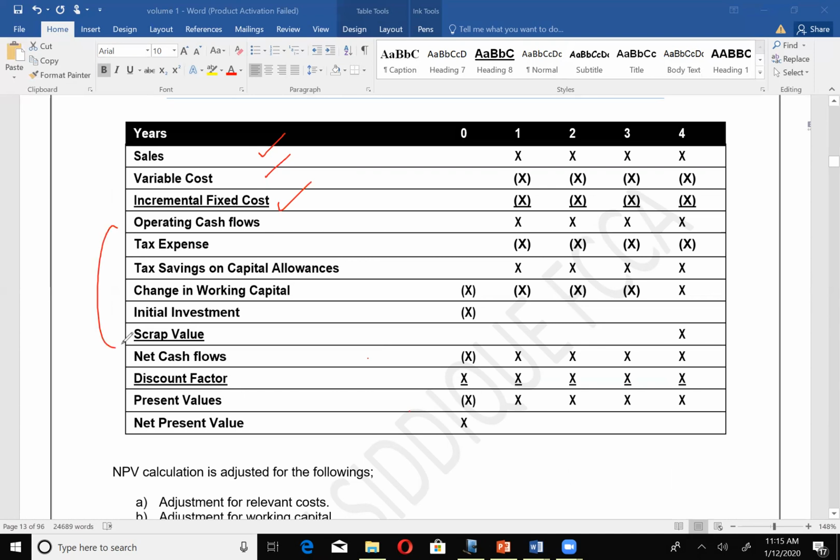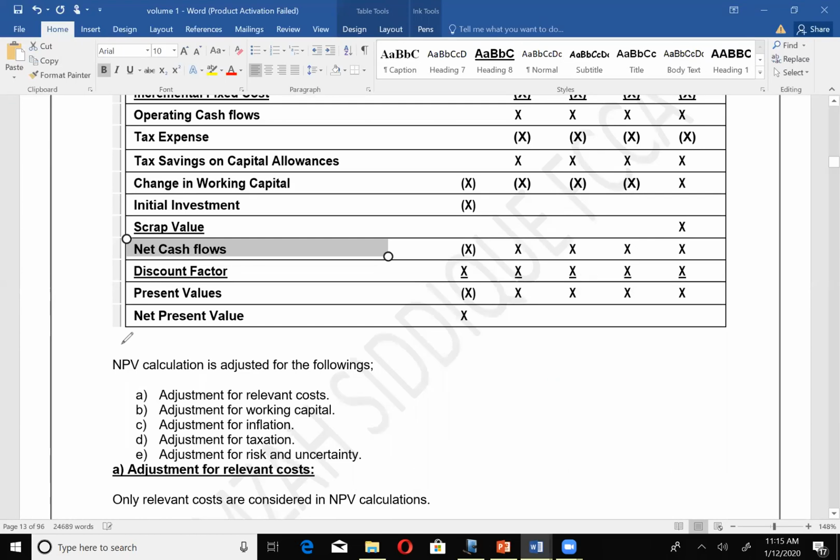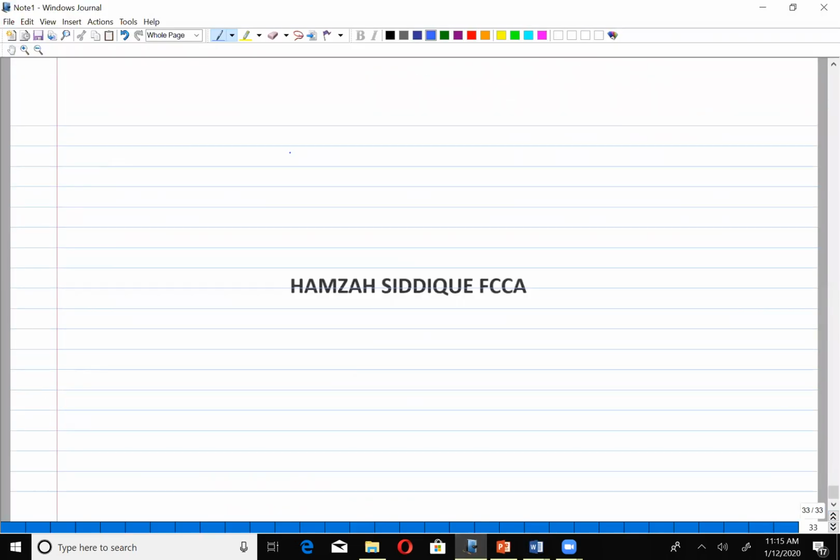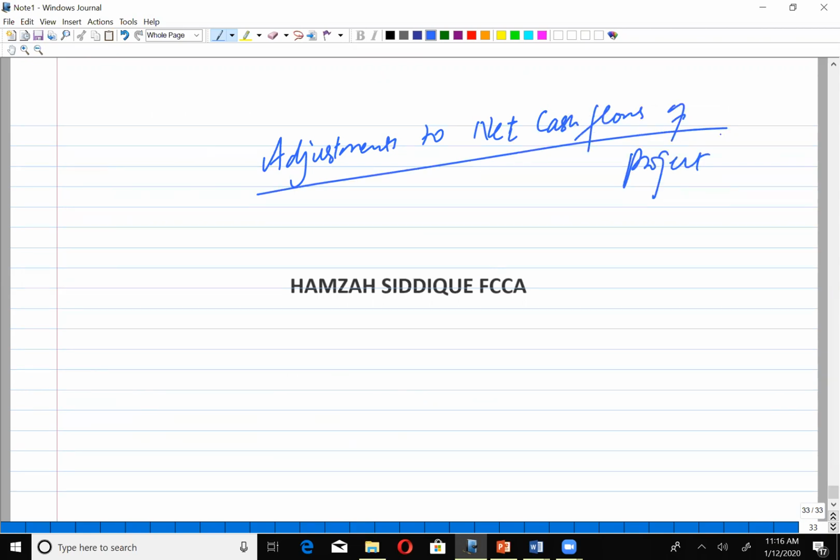Now the NPV pro forma, this discounted cash flow, has multiple adjustments to the net cash flows of the project.